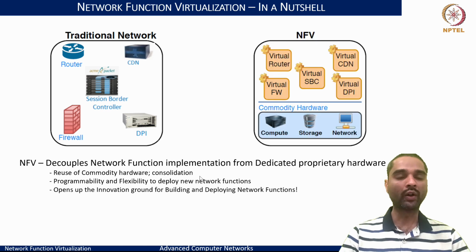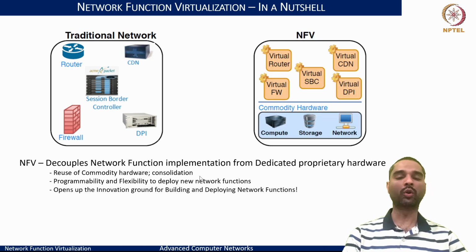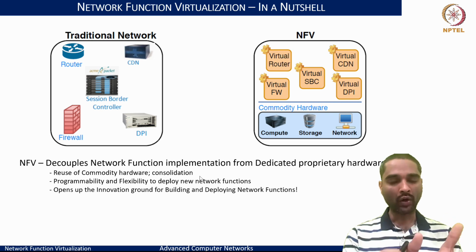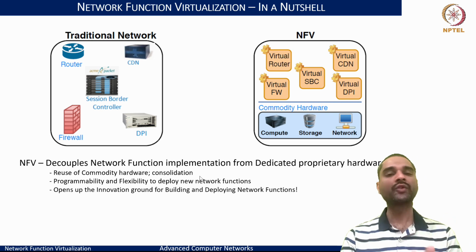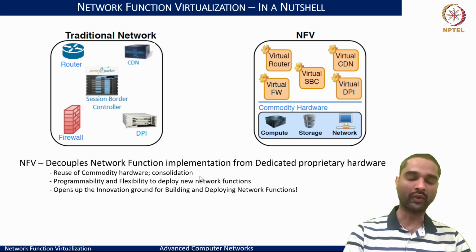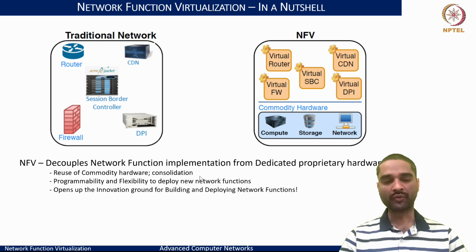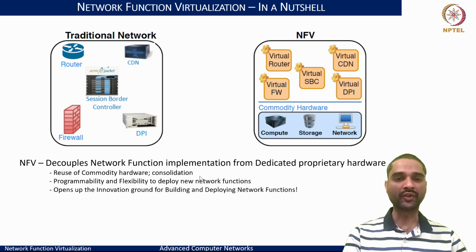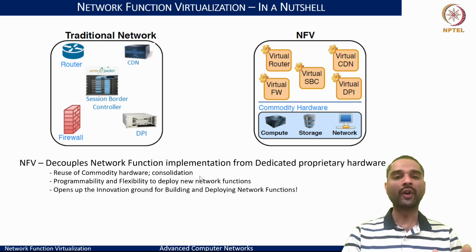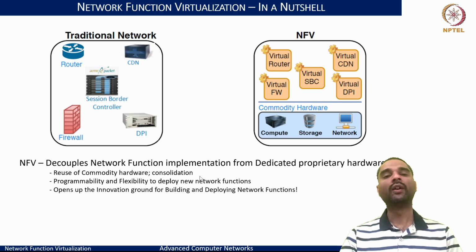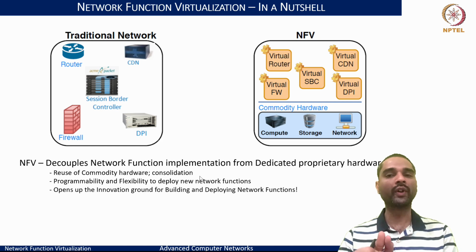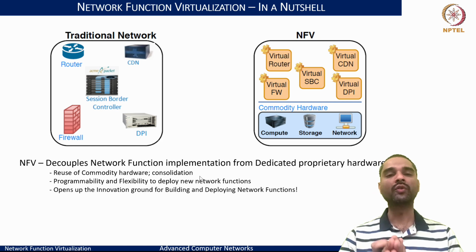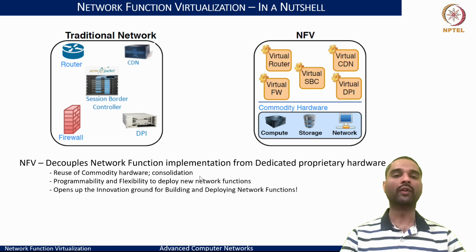And we are trying to get rid of these dedicated proprietary hardwares and run all of these network appliances as software functions. So consider a router, which is both a hardware and a software component that is purpose-built. We are now trying to break that and make just the software virtual router, which would be run on commodity hardware.